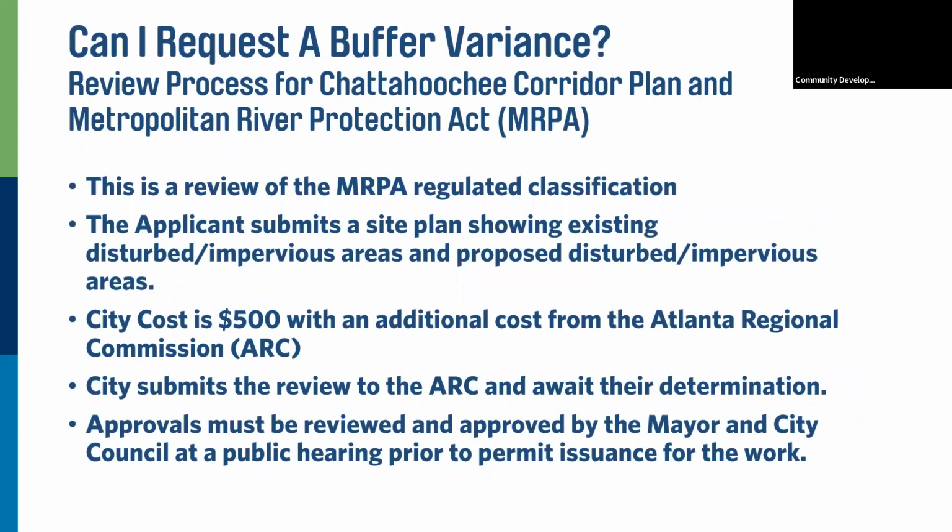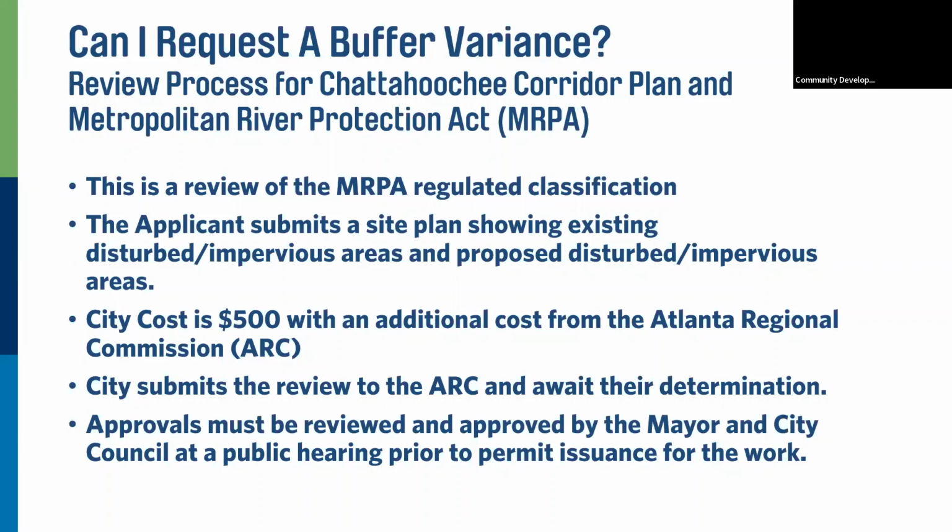Now, river protection does not have a buffer, but there are properties that may wish to have a review. Within the Metropolitan River Protection Act, which we follow because we're right on the Chattahoochee, you have to present not only your existing conditions, which are disturbed and impervious areas, but also those same proposed locations and circumstances. There is a fee. Here at the city, it's $500.